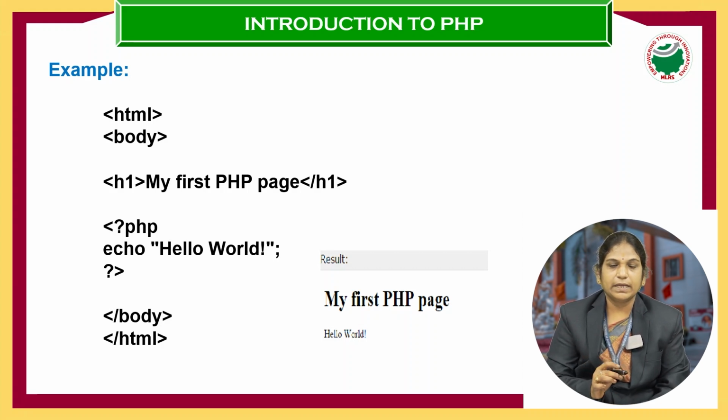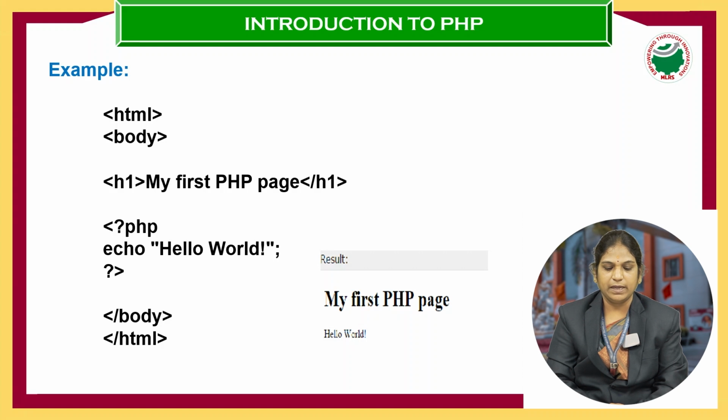So here, first I have opened the HTML tag, next body, and next H1, which indicates one of the header styles in HTML. Inside that H1 I have written My First PHP Page, then closed H1. The text encoded inside it is displayed as bold with the default size.